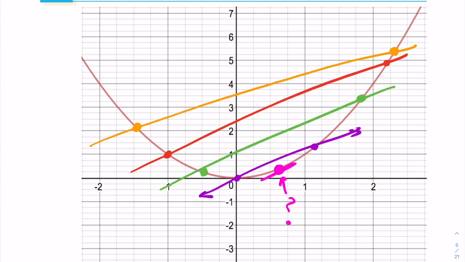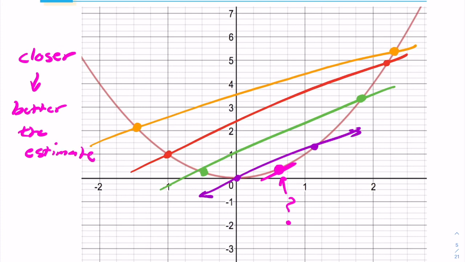All these other orange, red, and green lines are good, but they're not as good as the purple one because the purple two data points are closer, and if they're closer, it'll be a more accurate representation of how fast your heart is beating. So the rule is the closer you are, the better the estimate. Make sure you guys write that down. The closer you are, the better the estimate.